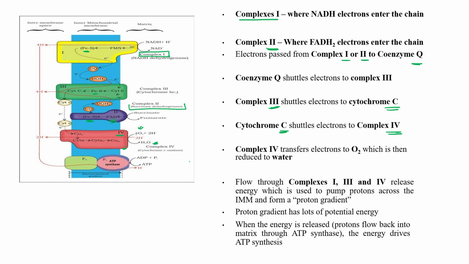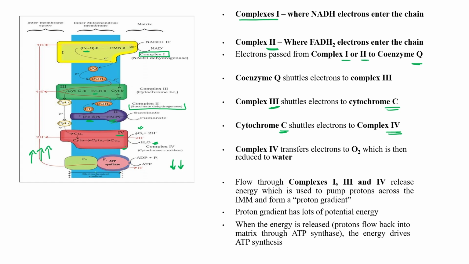So this is how movement of electrons occurs. This is the main pattern, and all the protons are pushed towards the intermembrane space, and that's why the concentration of protons continuously decreases in the matrix and increases in the intermembrane space.